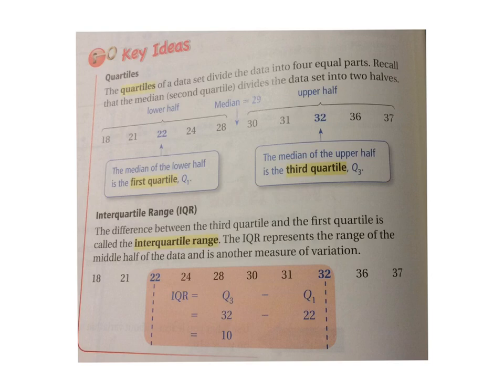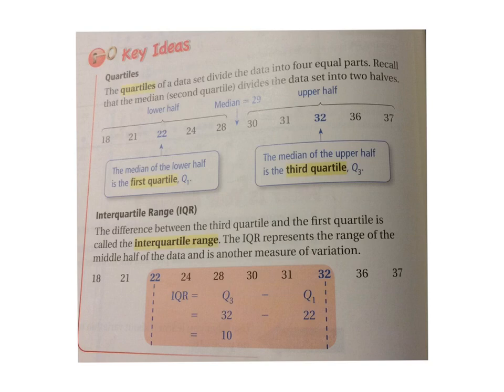The other measure of variation that we're going to use today is the interquartile range. The interquartile range is the range between the first and the third quartile. First, I need to show you how to divide data into quartiles. So quartiles of a data set divide the data into 4 equal parts. The median is going to be your second quartile, and that's going to divide the data into 2 halves.